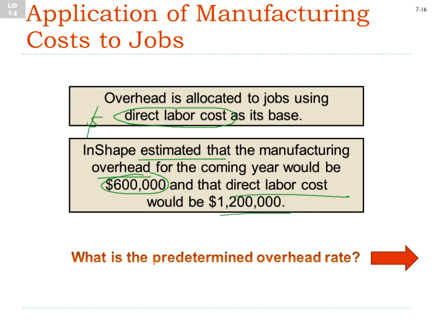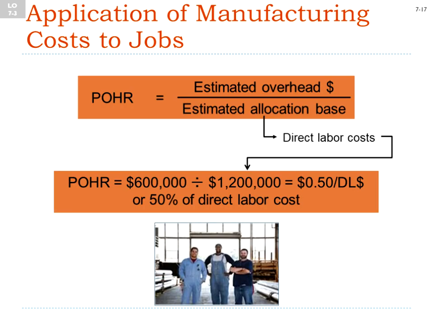So now we have to look at what the predetermined overhead rate is going to be. As I mentioned before, the predetermined overhead rate is simply the estimated overhead amount in dollars divided by the allocation base.